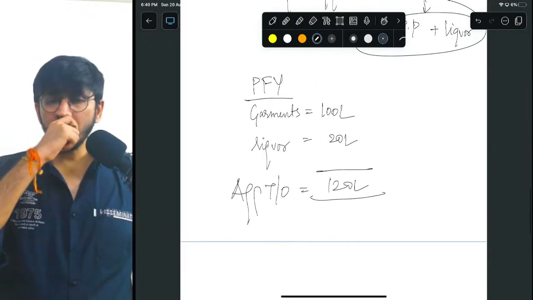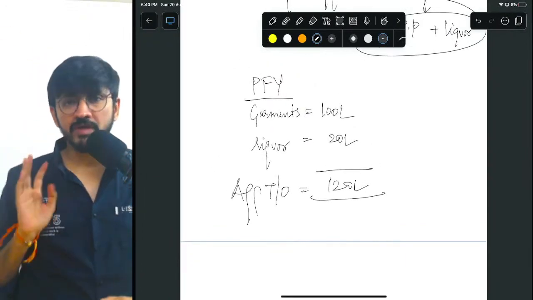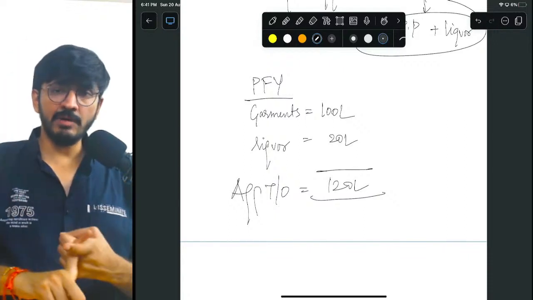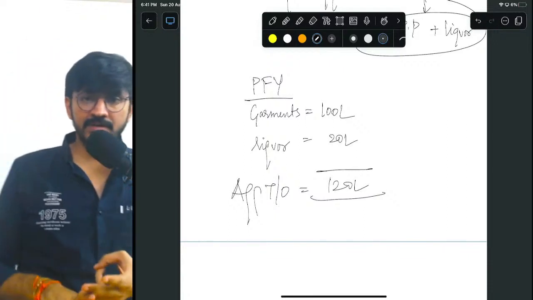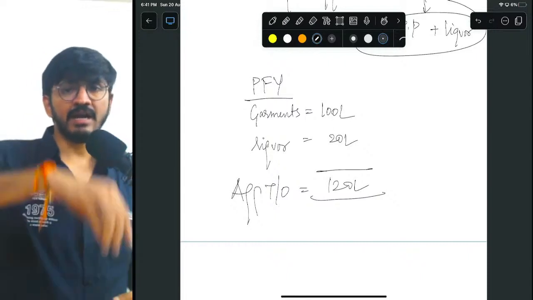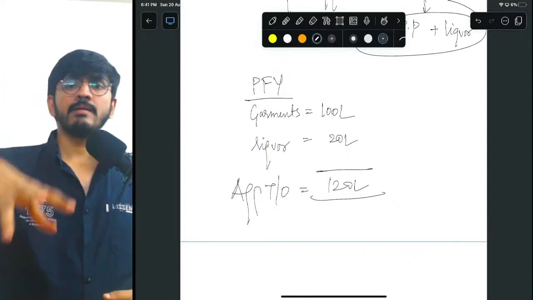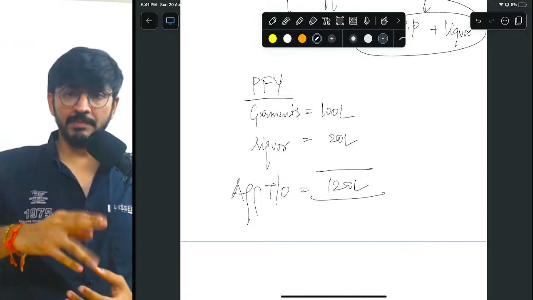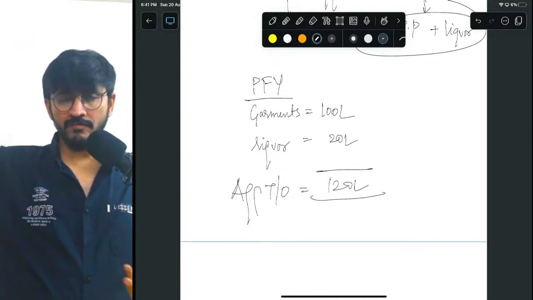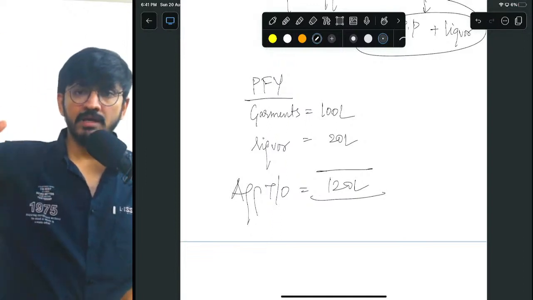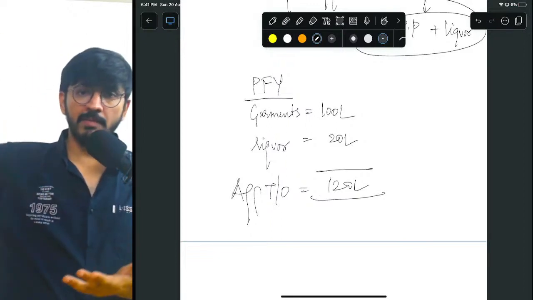So the government does not give a damn what you have sold, whether your outward supply is taxable, non-taxable, exempt, zero rated, domestic, doesn't matter. Even if you have supplied to your own branch, let's say DMart Mumbai, a deemed supply, to DMart Ahmedabad.